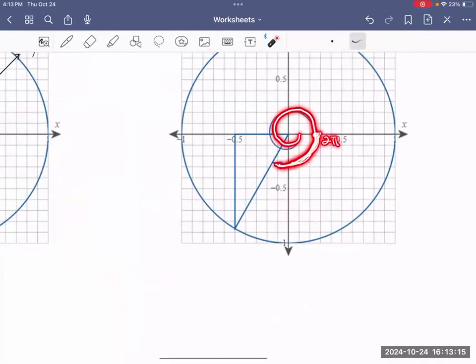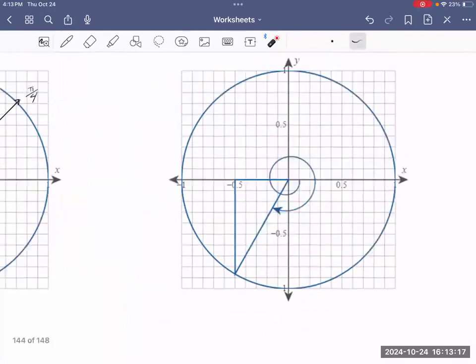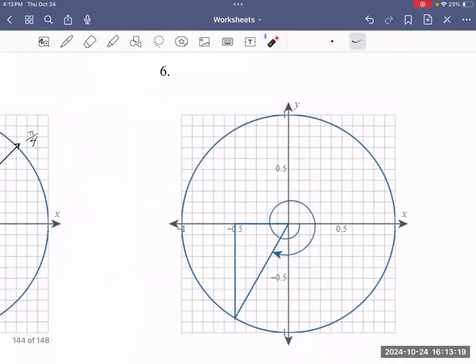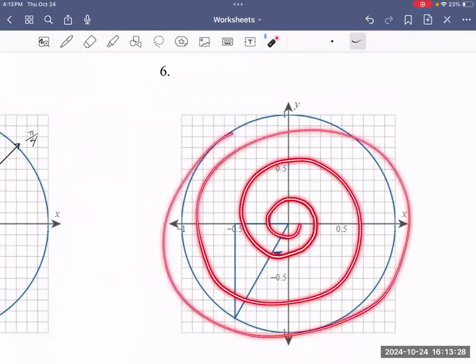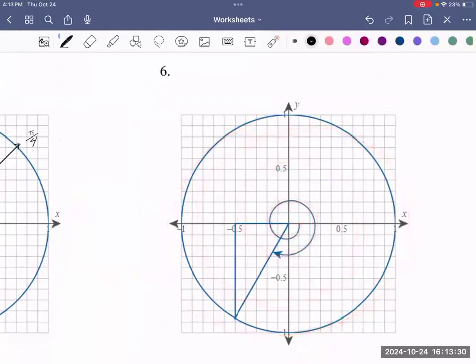So again, over here, if I am just to do a quick one, like 6, we are traveling around in this clockwise motion, right? So we will have a negative angle. So we have 0, we have 2 pi, we now have another 90-degree angle, so pi over 2. And these are all negatives here.